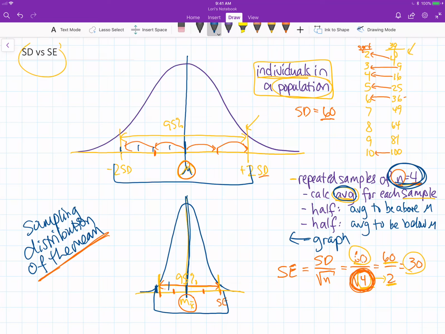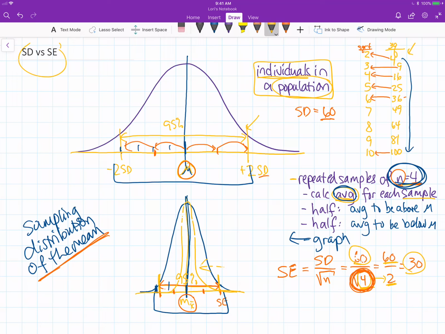You can see then that with sample sizes even more than 4, as we go up and get higher and higher sample sizes, this distribution gets even narrower and narrower.